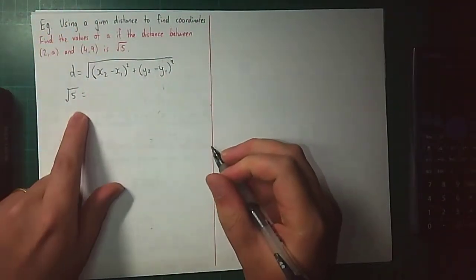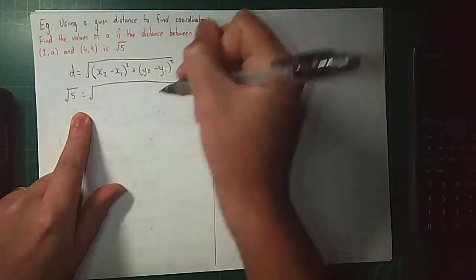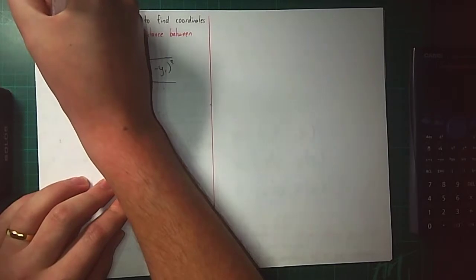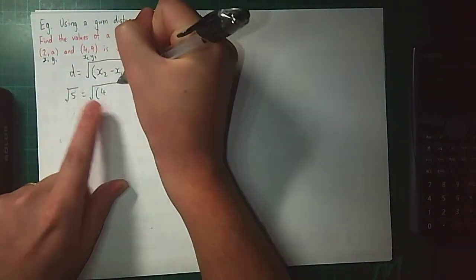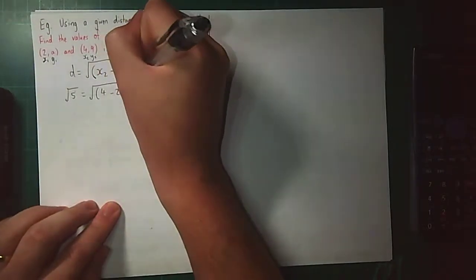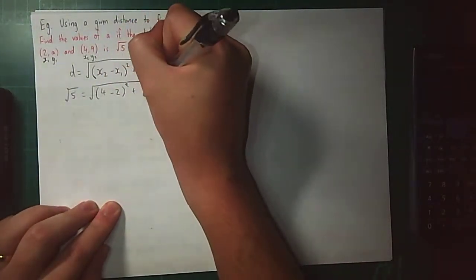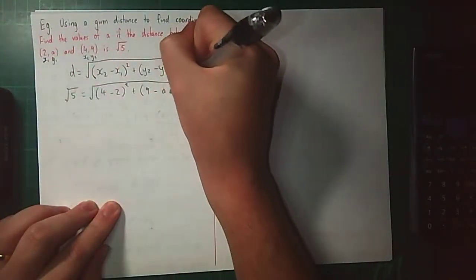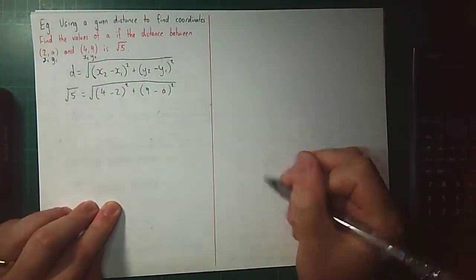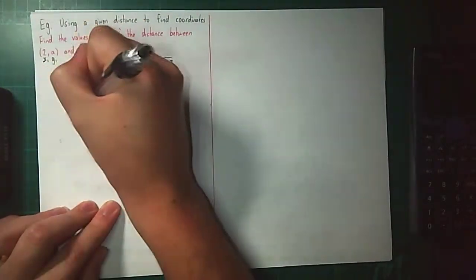And the square root of 5 is equal to the square root of, now I'm going to label again, this is x1, y1, and this is x2, y2. So x2 is 4 minus x1 is 2, all squared, plus our y2 is 9 minus our y1, which is just a, all squared.